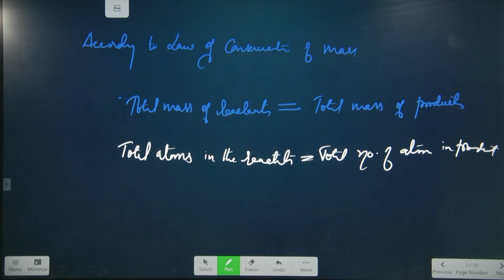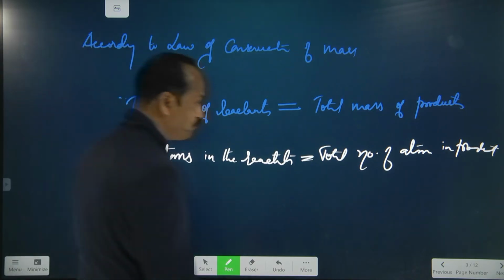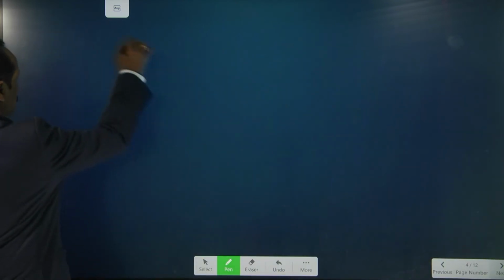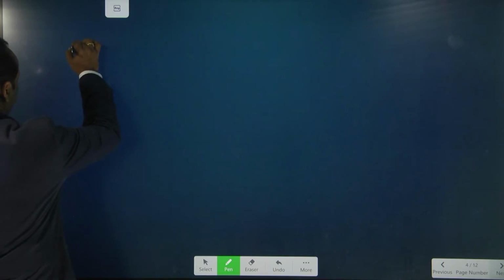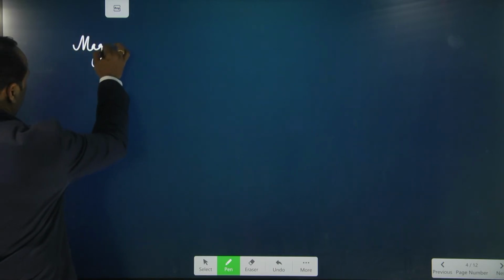Right. Now, for example, I have one more chemical reaction. I am taking magnesium ribbon and burning it in air, which means oxygen.